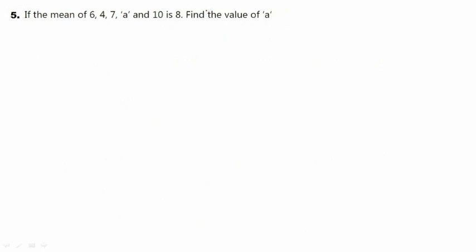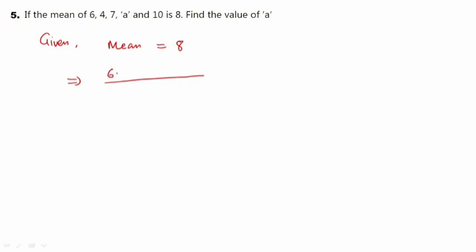Right, we have another question. The question says, if the mean of 6, 4, 7, 8 and 10 is 8, find the value of a. Given is the mean, which is 8. But the mean formula says first add all the observations.